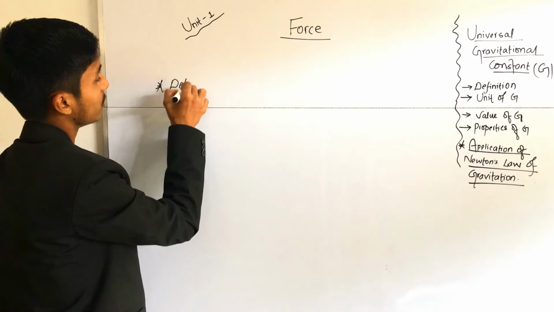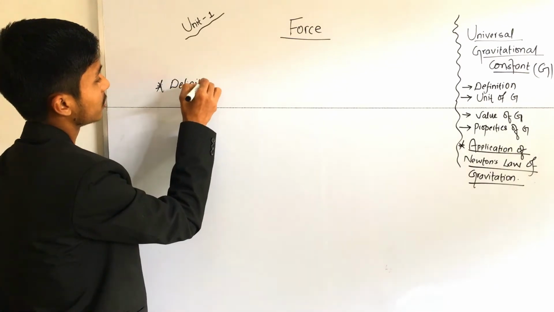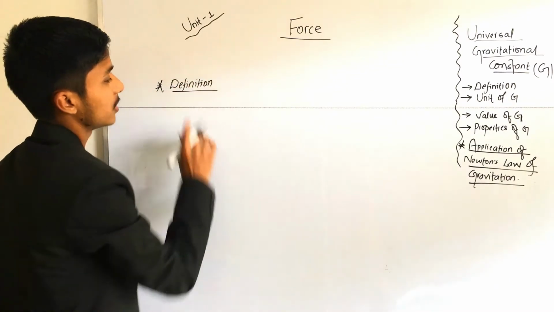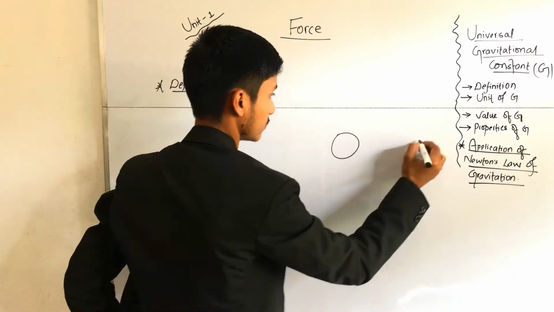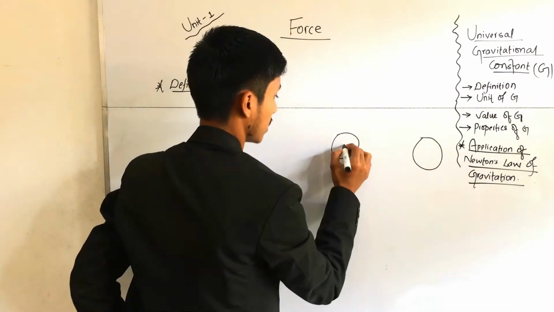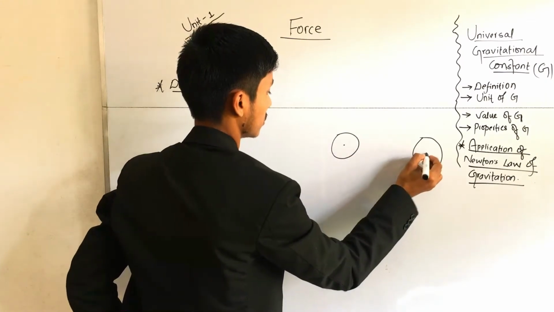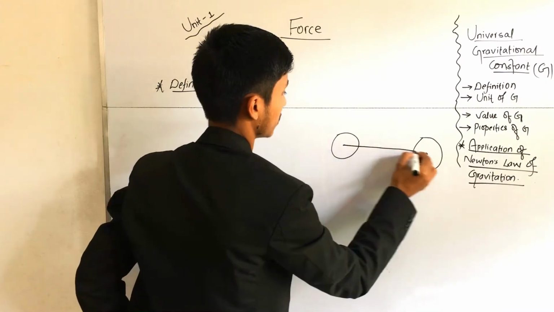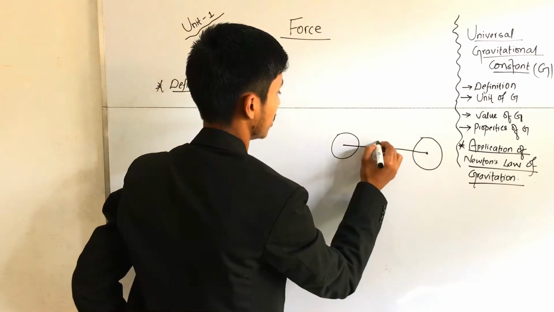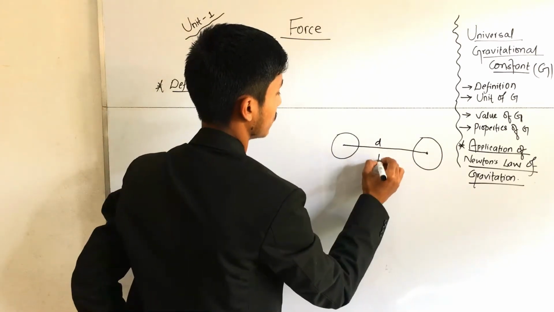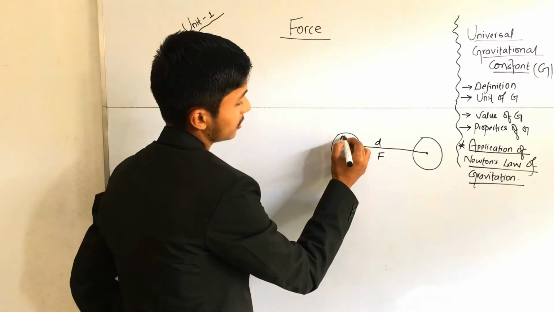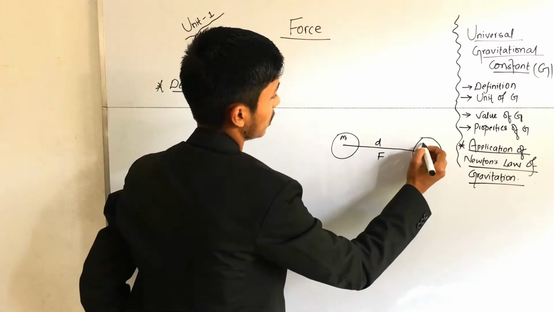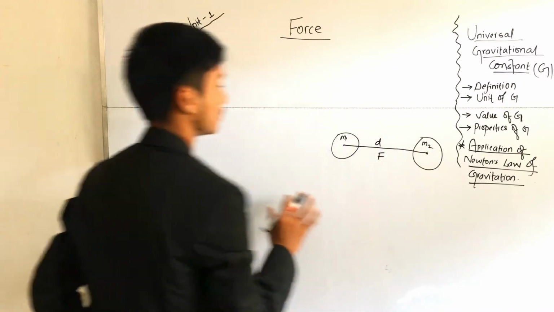Definition. First we learn about the definition. Suppose here are two bodies with their centers, separated by distance d. A force exists between them. Let the mass of this body be m1 and this body be m2.